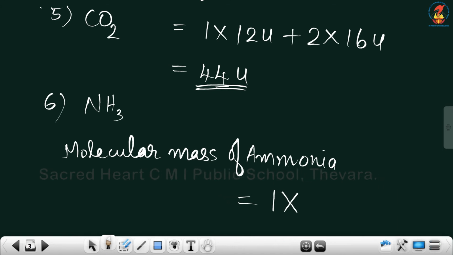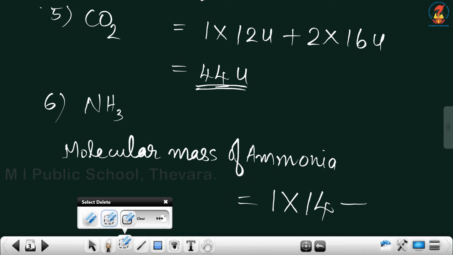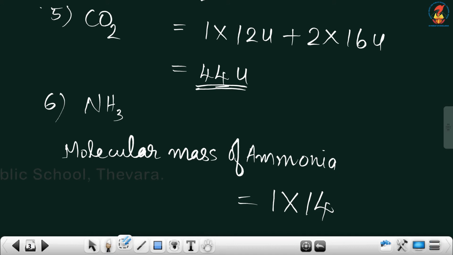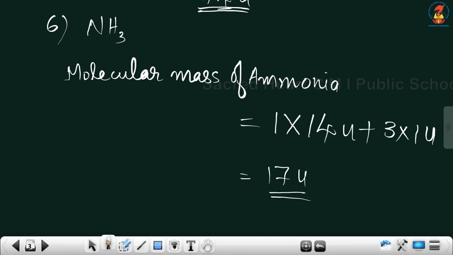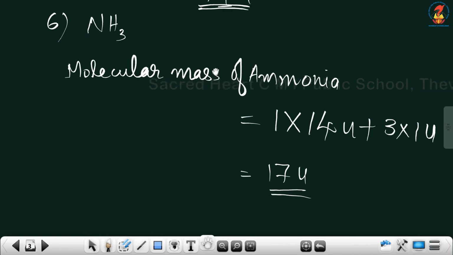What is the atomic mass of one nitrogen atom? 14U. Then you have to add 14U plus how many hydrogen? 3 atoms are there. The atomic mass of one atom of hydrogen is 1U. So total how much will you get? Yes, it is 17U. That is the molecular mass of ammonia.